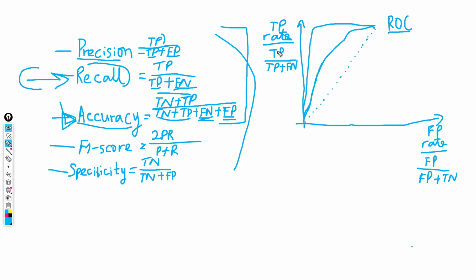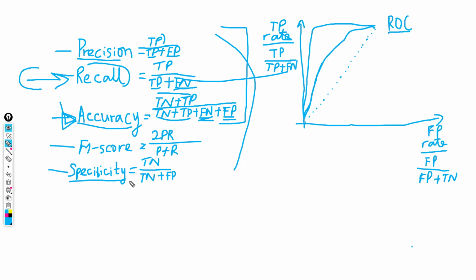The true positive rate is the number of true positives divided by the number of true positives plus the number of false negatives, which happens to be the recall. And then the false positive rate is the number of false positives divided by the number of false positives plus the number of true negatives, which, if you look carefully, is equal to 1 minus the specificity, which has been defined right here.